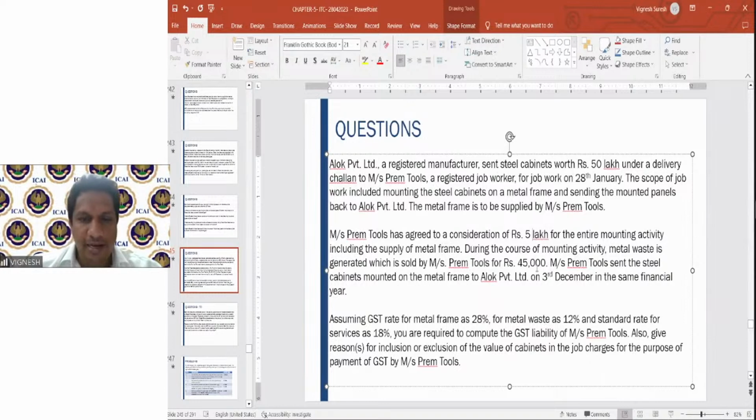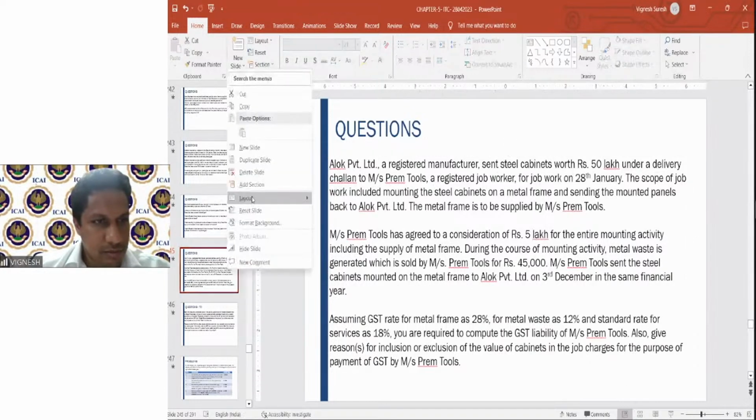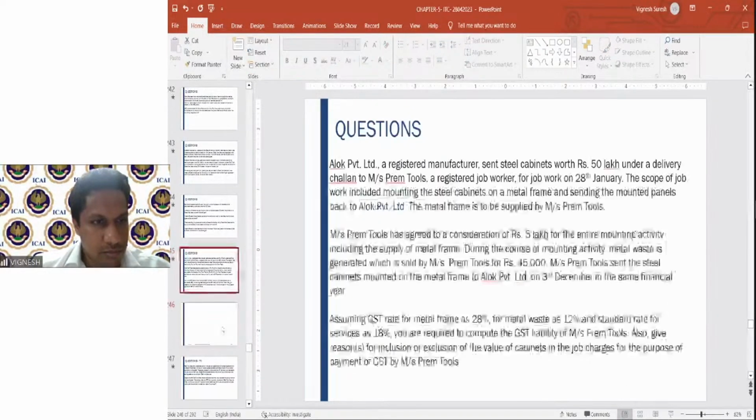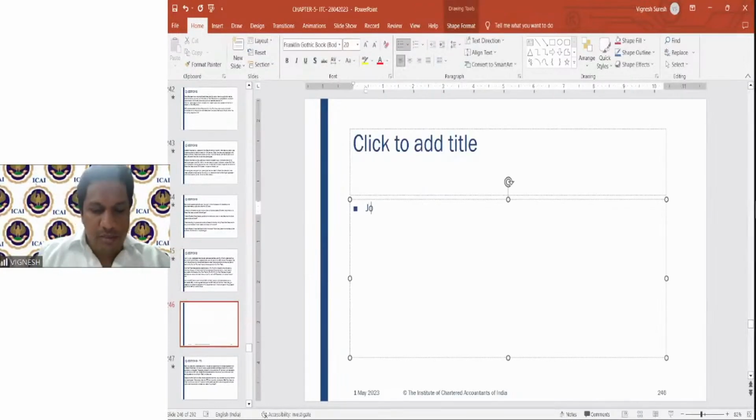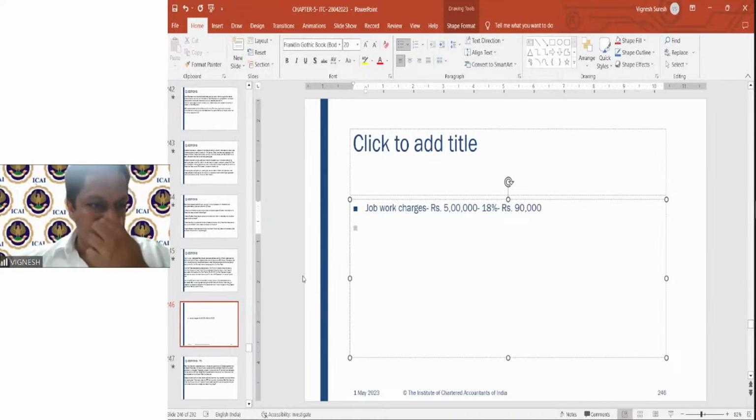So job work charges rupees 5 lakhs, 18%, rupees 90,000. Okay, this is there.